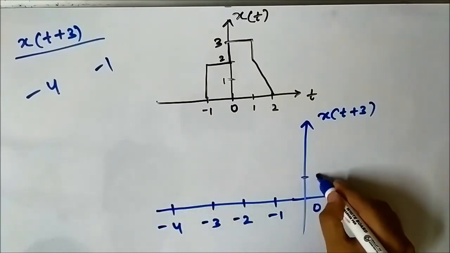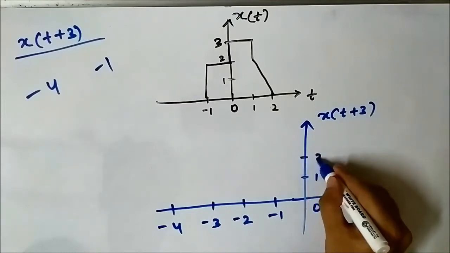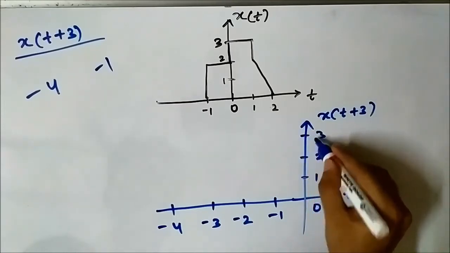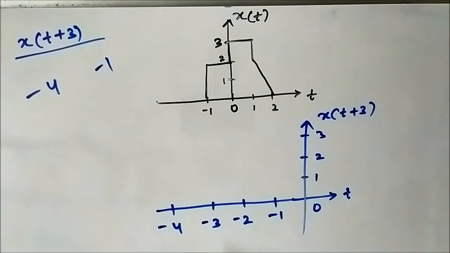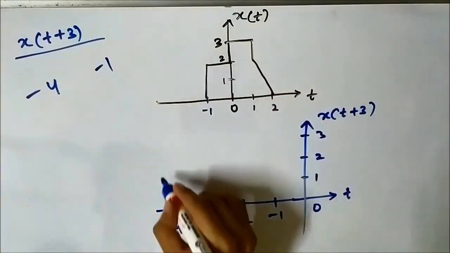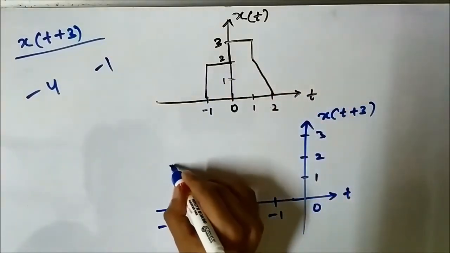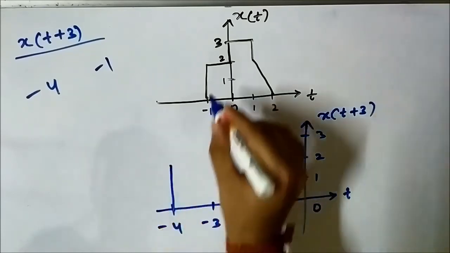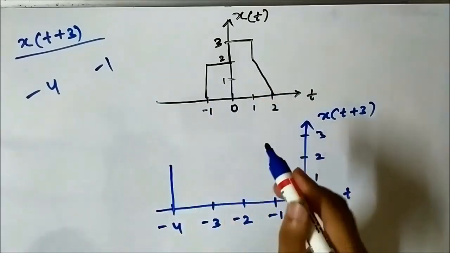This is 1, 2, 3. Okay, so the signal will be like this. From -4, the starting point will exactly be the same.